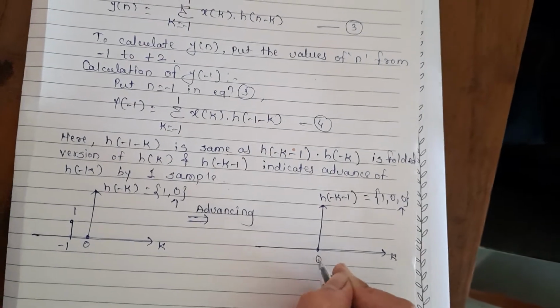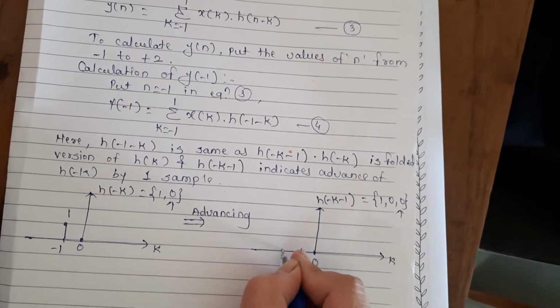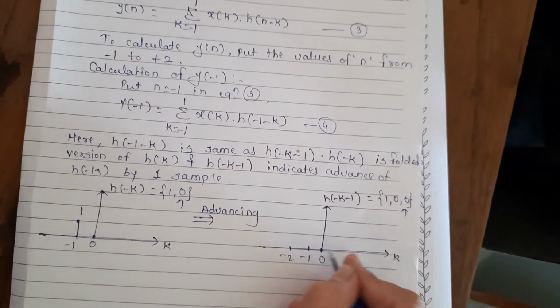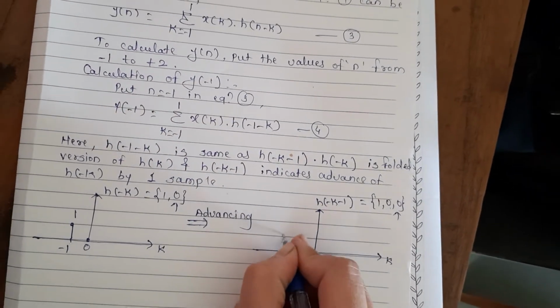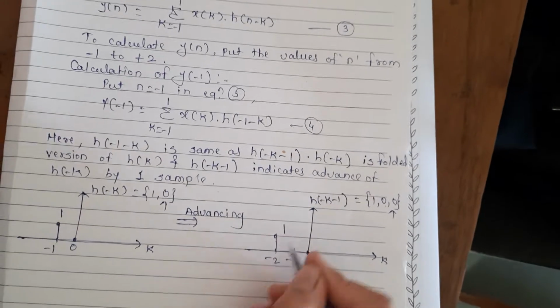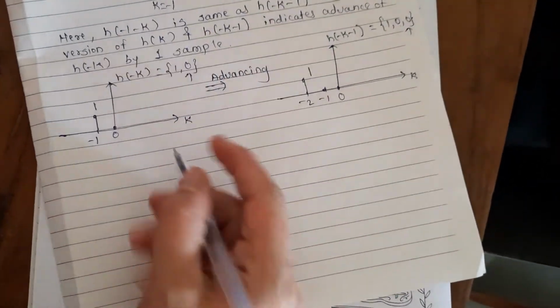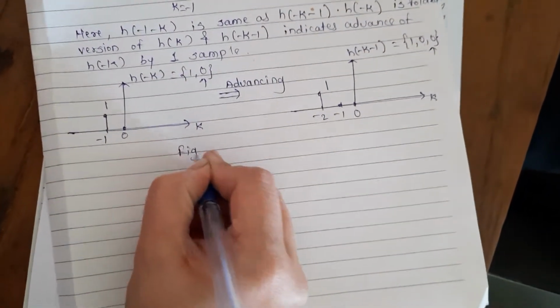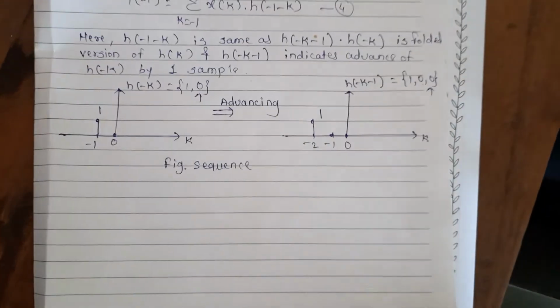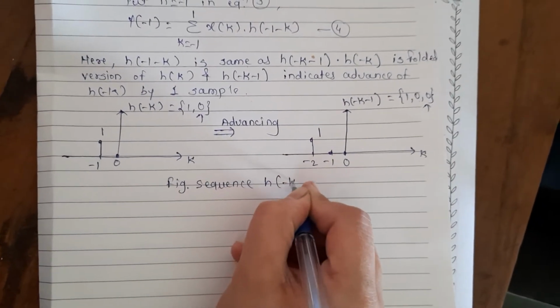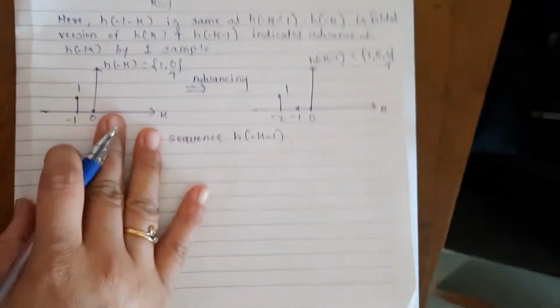For 0 it is 0, for minus 1 it is 0, and for minus 2 it is 1. Now this figure is for the sequence h of minus k minus 1.